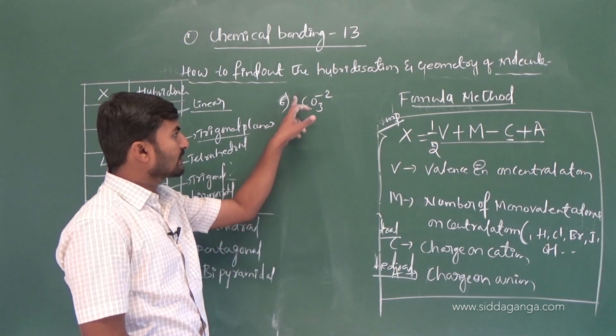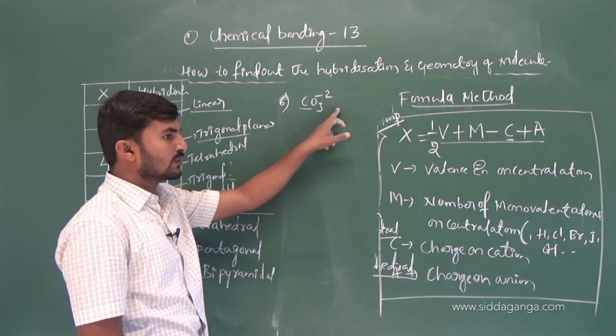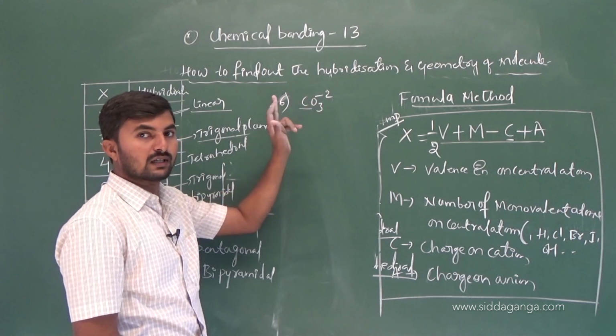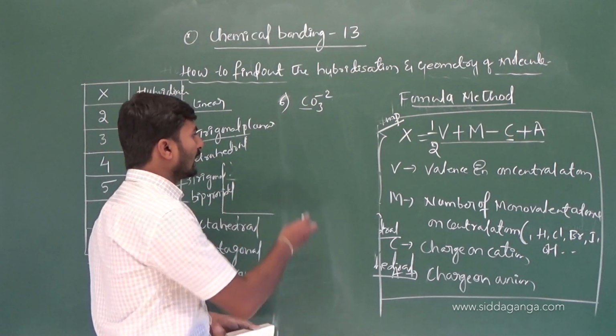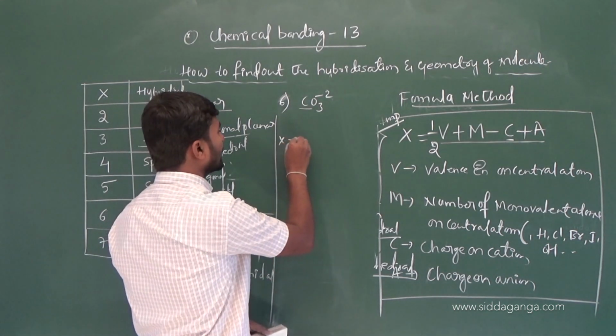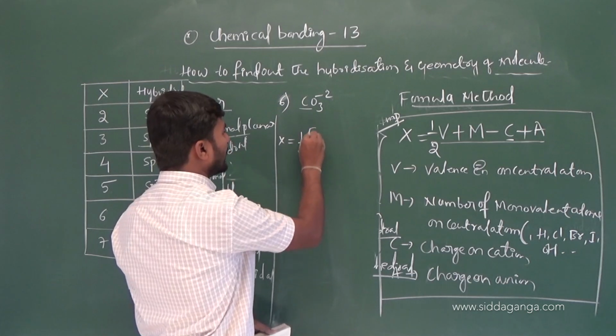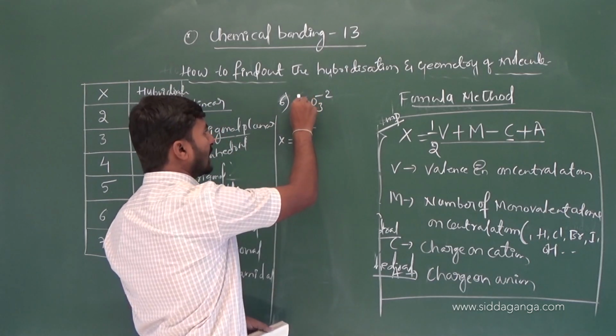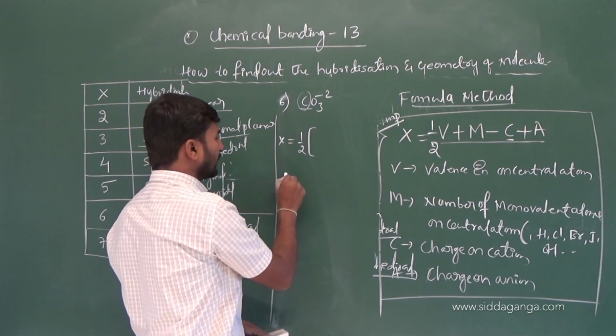What is the hybridization of carbon in CO3 2- and what will be its geometry, suppose they asked. Then again we will go through the same formula, that is x is equal to half into, in which the central atom will be the carbon.